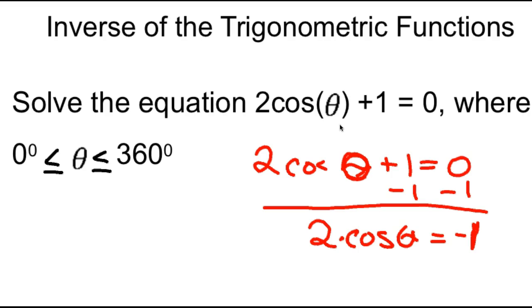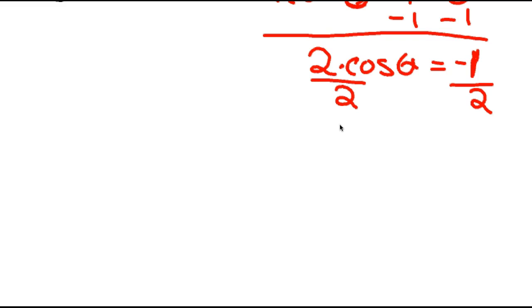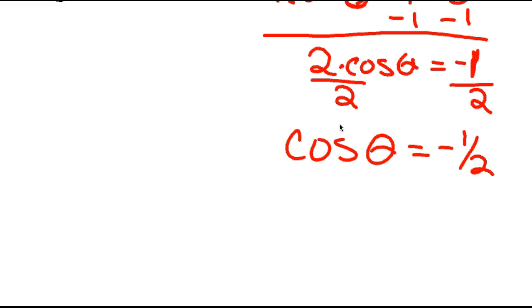So if you have had algebra 1 and are pretty good at algebra 1, but no trig, at least you could get to this part. So you would divide both sides by 2. And so now we've got cosine theta equals -1/2.